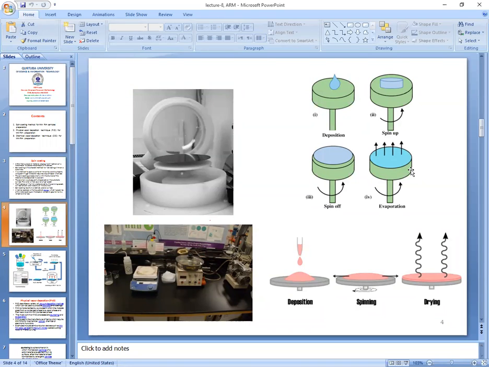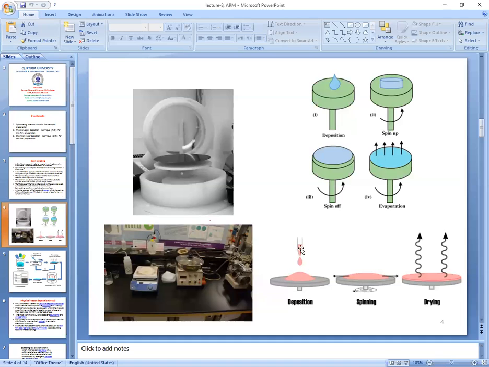Sometimes by heat treatment, the organic solvent is evaporated. Sometimes the heat treatment facility is available inside the spin coater, but sometimes it is brought out from the spin coater, and then it is heat treated in an oven or in a furnace.